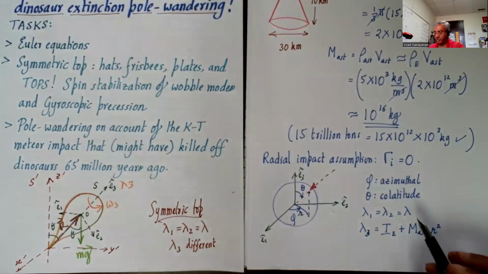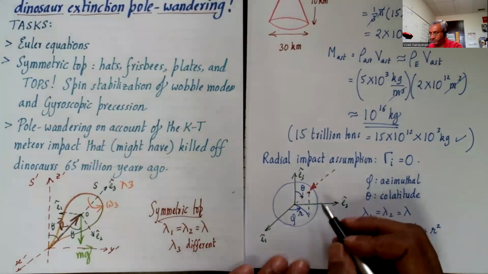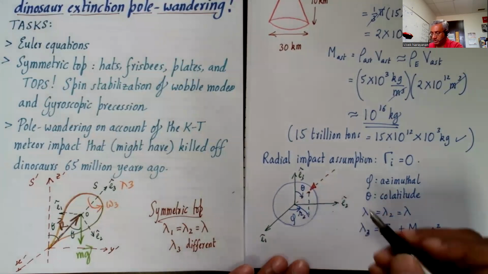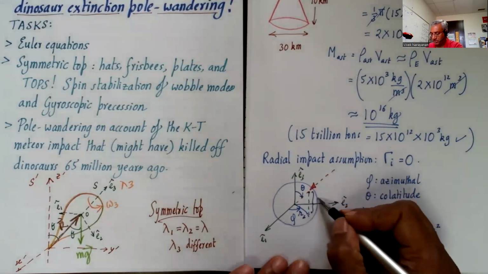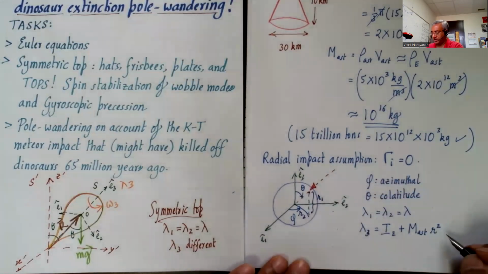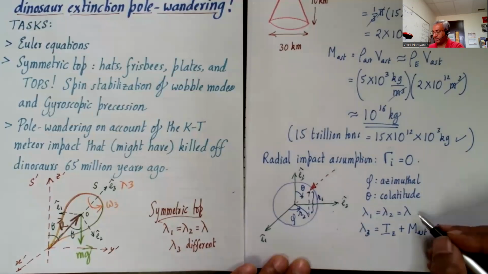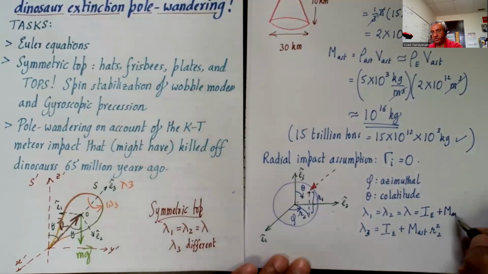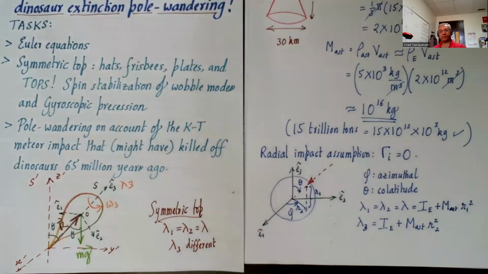Now, let me call this r2, and I'll call this distance r1. So lambda 3 is going to be the Earth's moment of inertia plus the asteroid mass times r2 squared, and then lambda 1 and lambda 2 are going to be the moment of inertia of the Earth plus the asteroid mass times r1 squared, because these moments of inertia are also going to be affected.